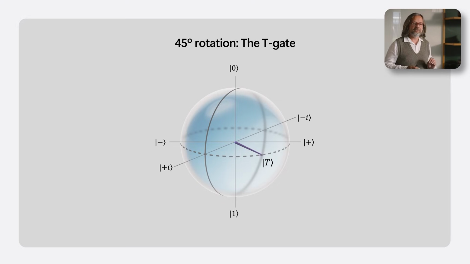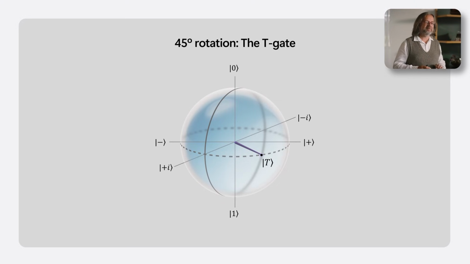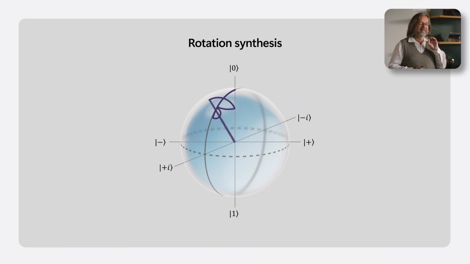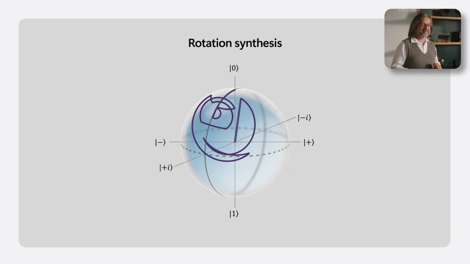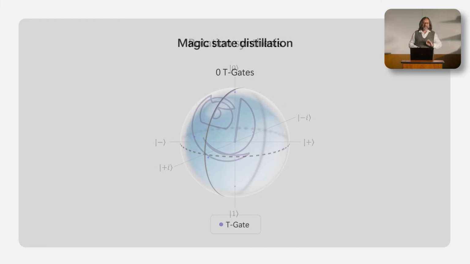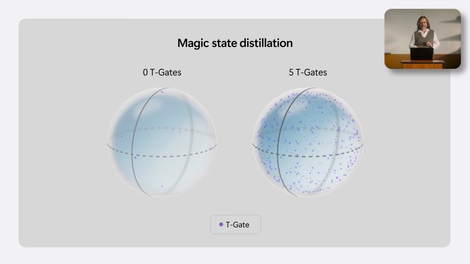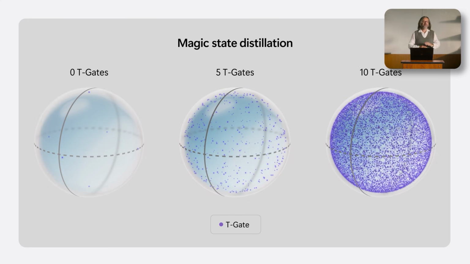By combining rotations by 90 degrees and 45 degrees, I can approximate any arbitrary rotation as well as I need to. If I have no T-gate, I can just reach the 6 points on the principal axis. With 5 T-gates, I reach many more, with 10 more, even with 15, 20.